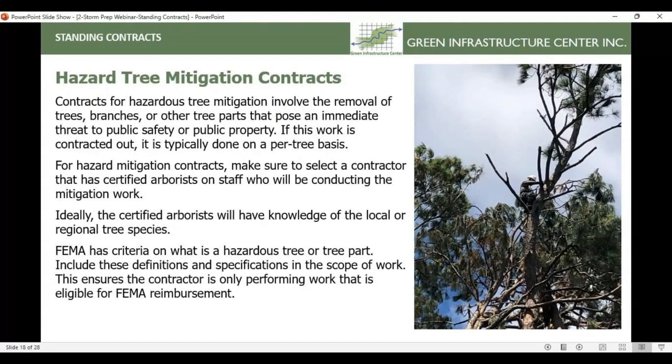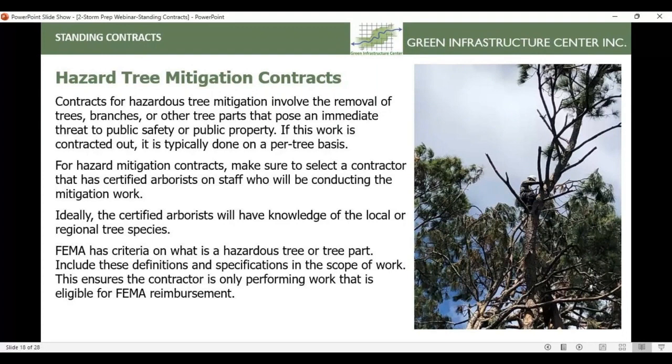So think about either describing that process in your specifications, or being prepared to do that once the contractor shows up. If you don't have a staff arborist or someone who could do that, you could contract with a consulting arborist to help you work through that process.